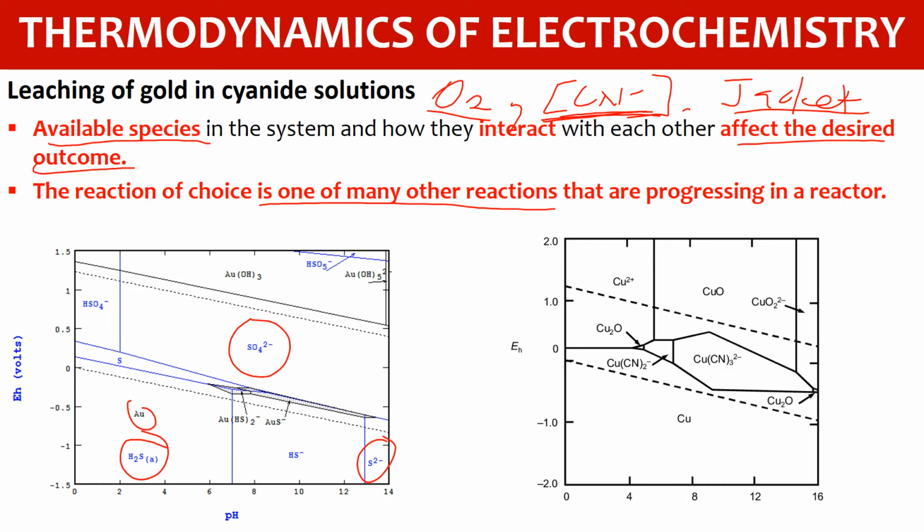So you need to avoid the regions where some of these complexes, such as Cu(CN)2 minus, form. You need to avoid these regions.